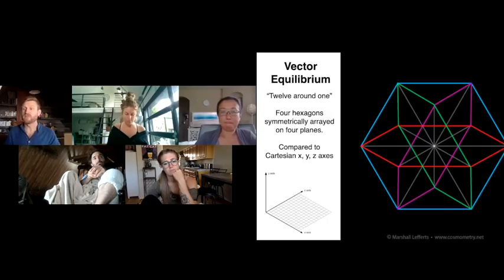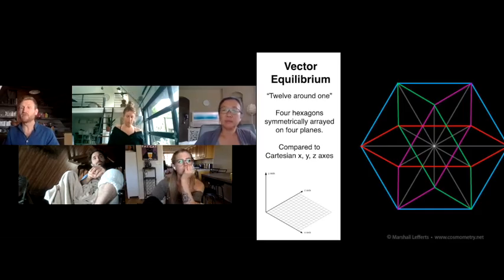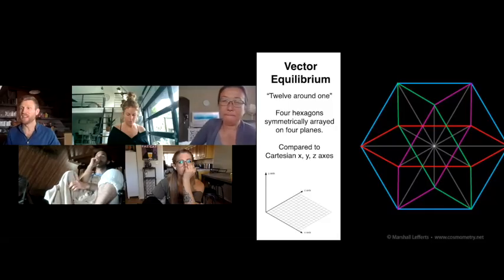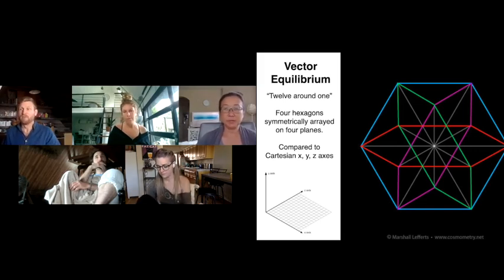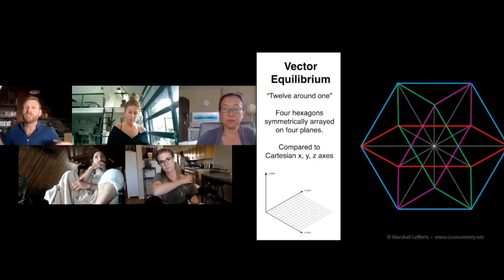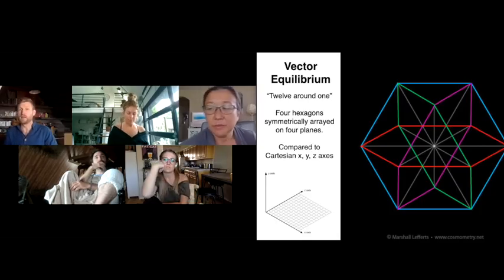That is, 4th and 5th dimensional aggregations of points or spheres in an entirely rational coordinate system that is congruent with all the experimentally harvested data of astrophysics and molecular physics. So what he's saying is that synergetics, this vector equilibrium model, gives us a 4th and 5th dimensional coordinate system that is completely congruent with everything we already know about astrophysics and molecular physics. That seems pretty cool. That seems exciting.